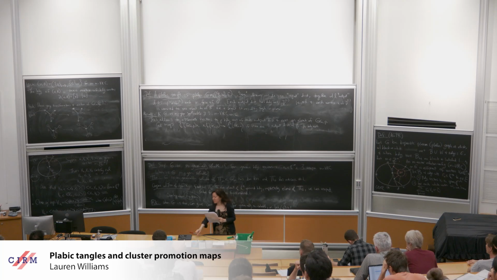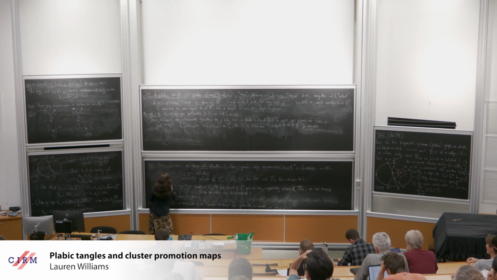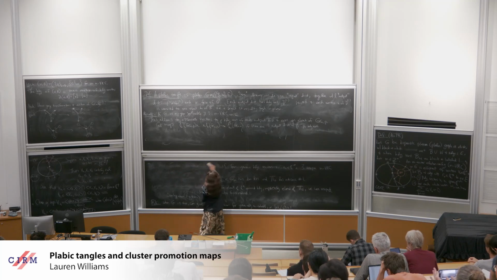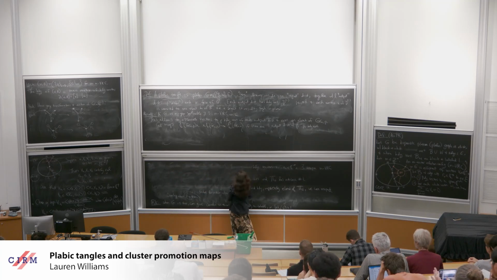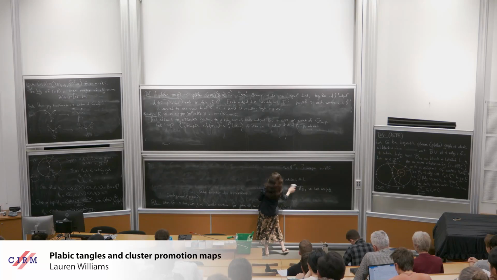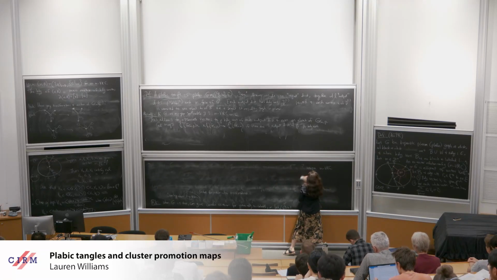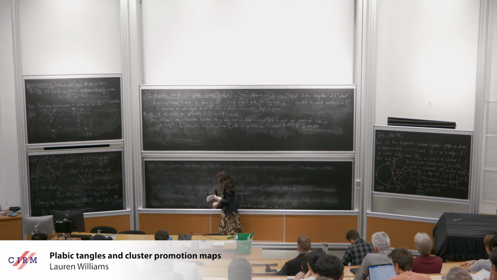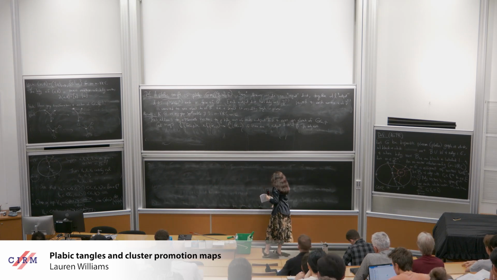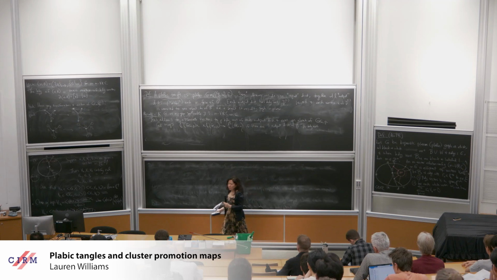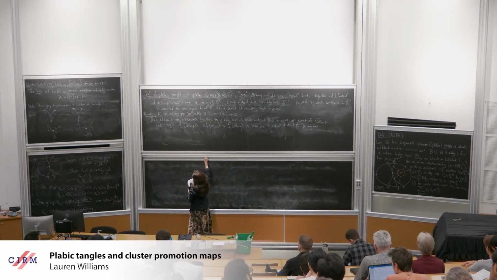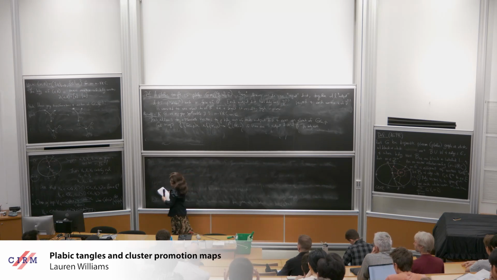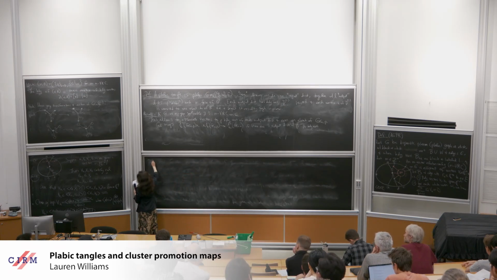And so in my small example, I can write down what my map is. And where this is headed is the fact that there are many nice examples which are compatible with the cluster structure.